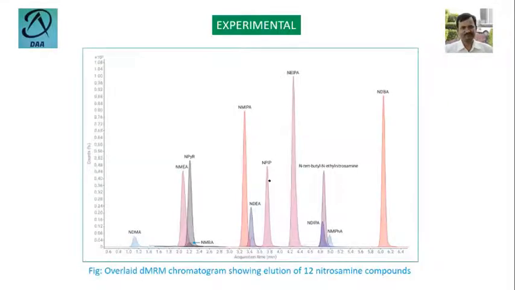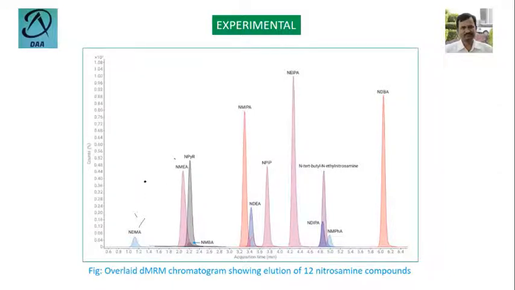Now you can see here the overlaid detailed multiple reaction monitoring chromatogram. You can see that it is mentioned as per the elution time, whatever we set in the settings of the UPLC as well as in the mass spectrometry. Then you see we have 12 compounds, 12 nitrosamines.